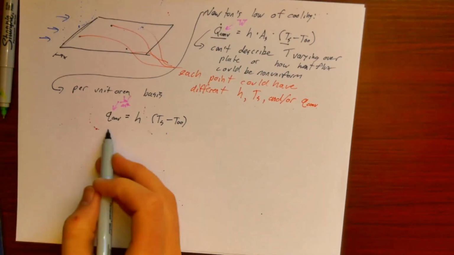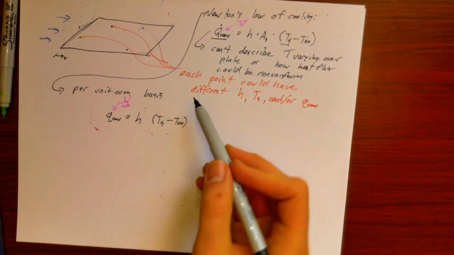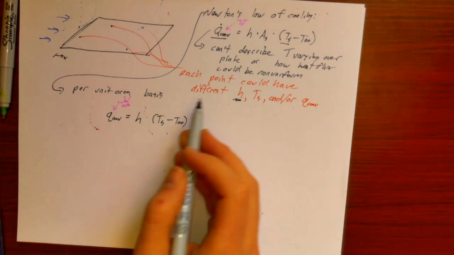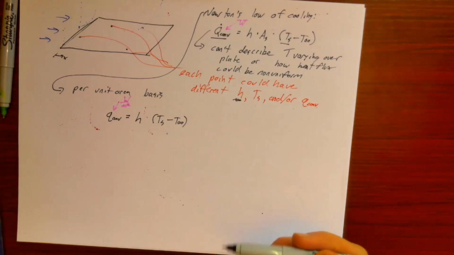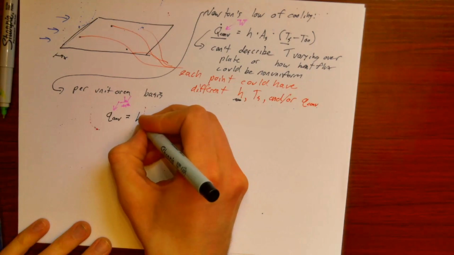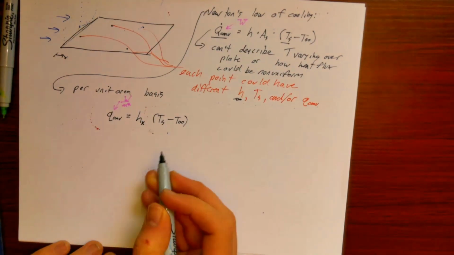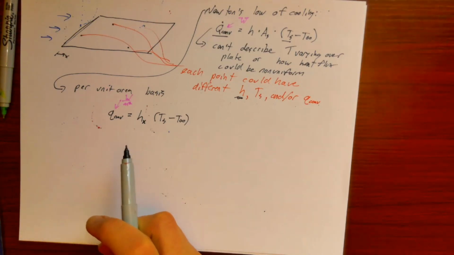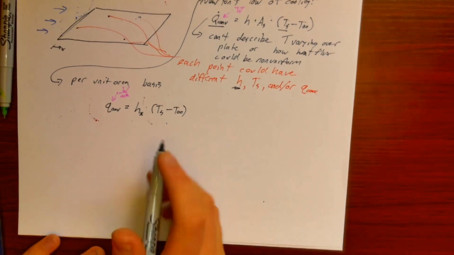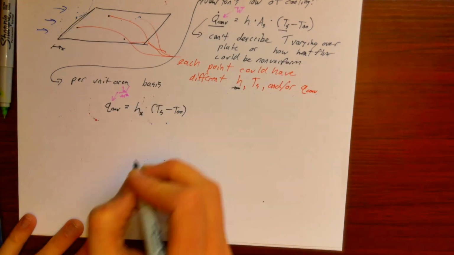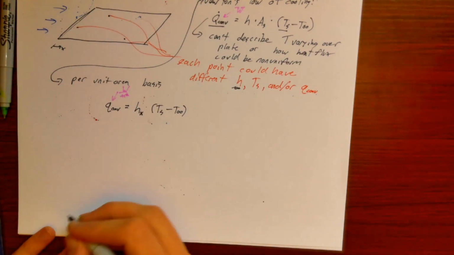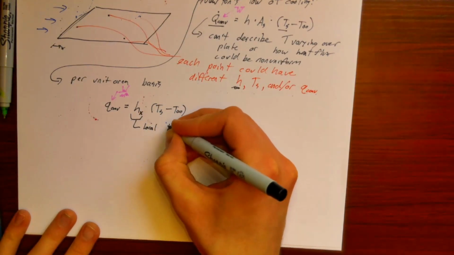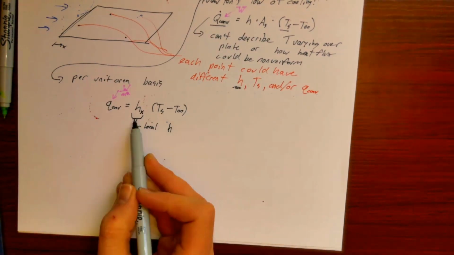So what do we do here? We're allowing for the idea that h could vary over the surface, so we're going to need to be a little bit careful from now on with our h's. I'm going to give this h a subscript x, and distinguish between a couple of different h's. What I'm using hx to describe is what I'll call the local h, which is almost like a point-wise description.